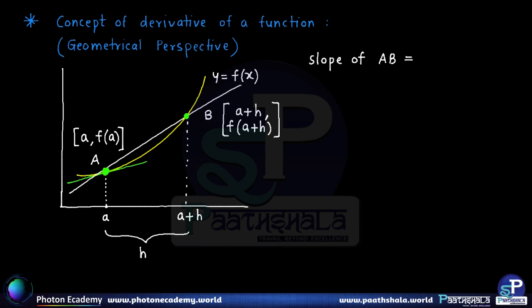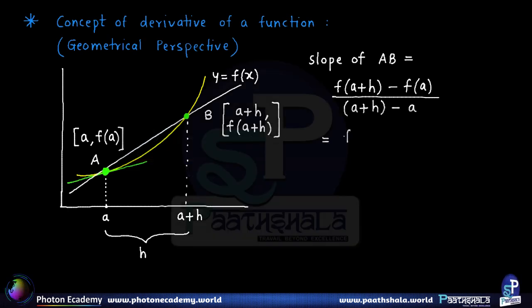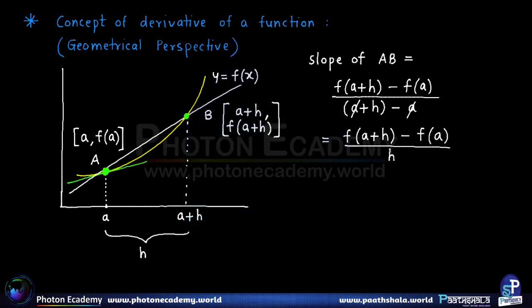Let's call the first point A and the second point B. So therefore the slope of AB turns out to be f of a plus h minus f of a, whole divided by a plus h minus a. So that is nothing but f of a plus h minus f of a, and in the denominator a will get cancelled, so we are left with just h. Right? So that is the slope of secant AB.